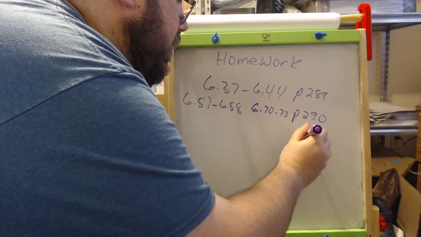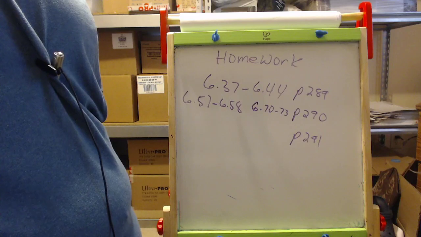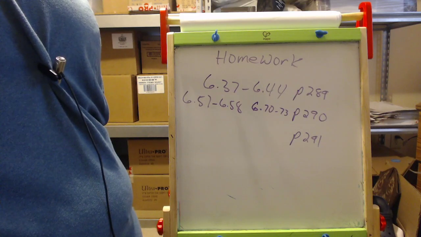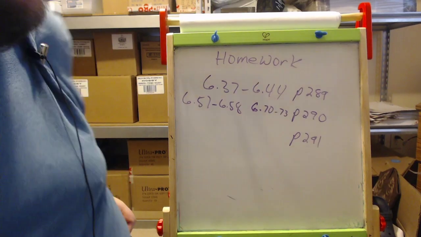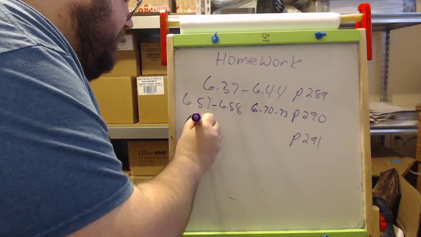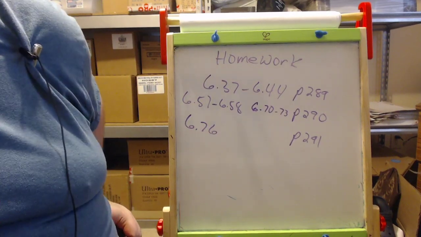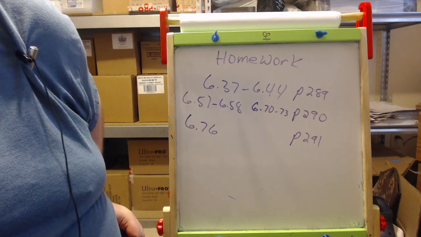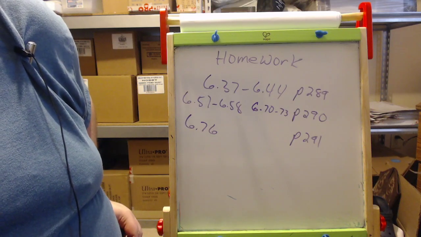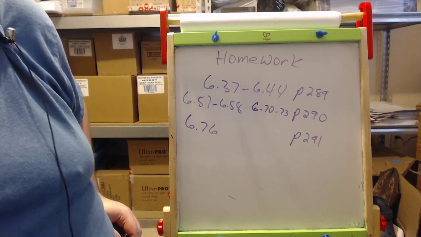Page 291. 6.76. The key to 6.76, they give you a reference equation. They give you 4 equations. You don't need to use all 4 reference equations in that one. That's the hint.